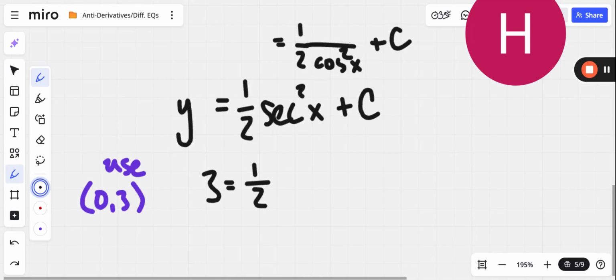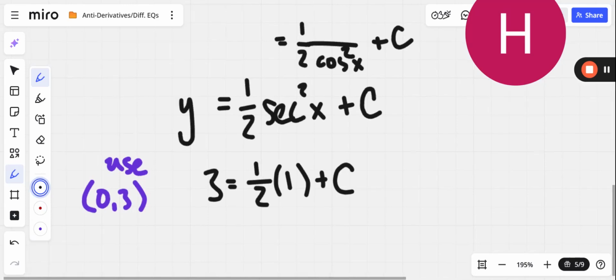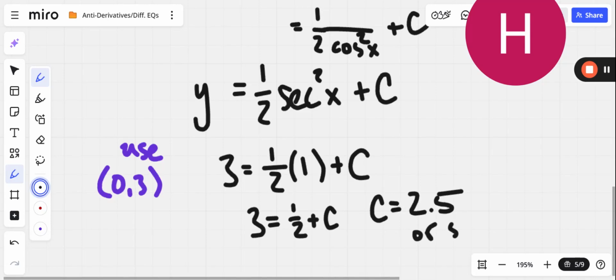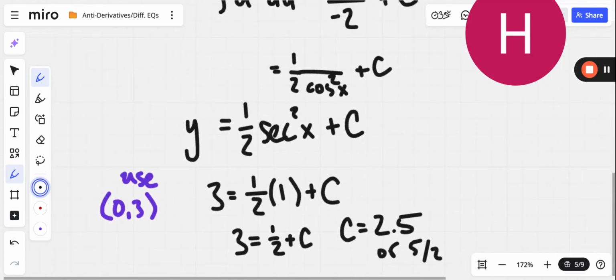So cosine of 0 is 1, 1 over 1 is 1, 1 squared is 1, and plus c. So 3 equals 1/2 plus c, and that way c equals 2.5 or 5/2. Doesn't really matter. Either way, we need to plug that into the equation.